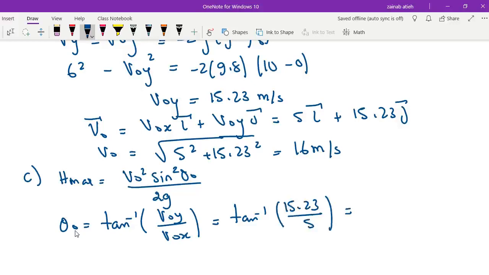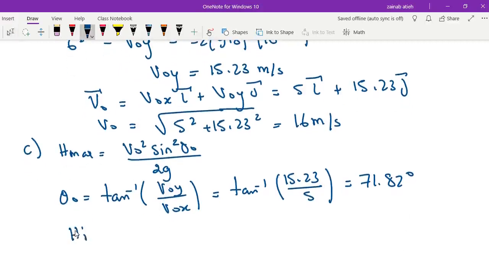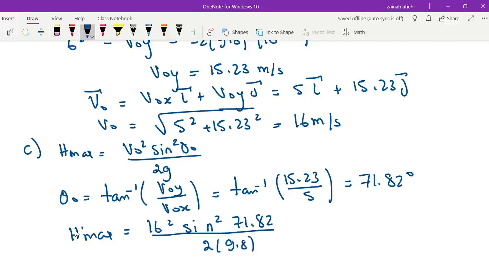I will calculate it, it's 15.23 divided by 5, tangent inverse, it's 71.82 degrees. So then H max is equal to 16 squared sine squared 71.82 over 2 times 9.8.